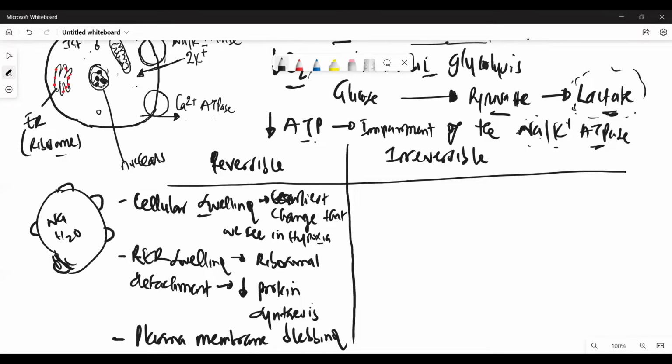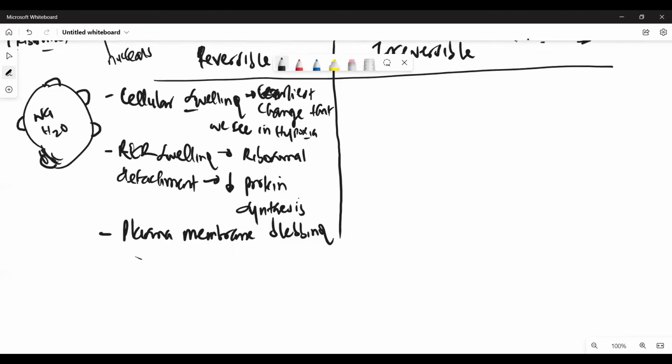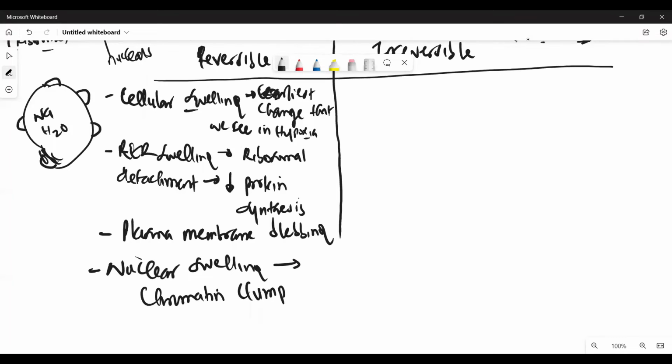So nuclear swelling will lead to clumping of the chromatin. So don't forget the reversible changes: cellular swelling, rough endoplasmic reticulum swelling, which leads to ribosomal detachment and decreased protein synthesis, plasma membrane blebbing, and nuclear swelling, which leads to chromatin clumping.